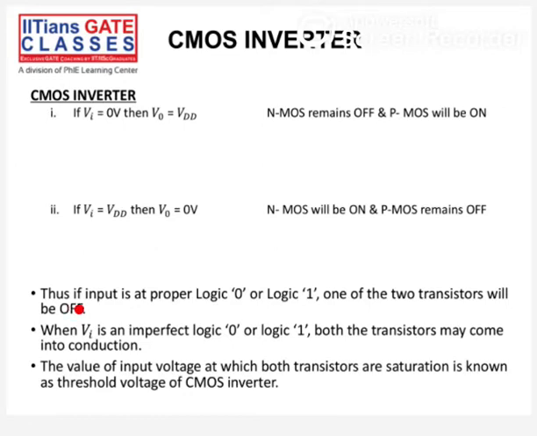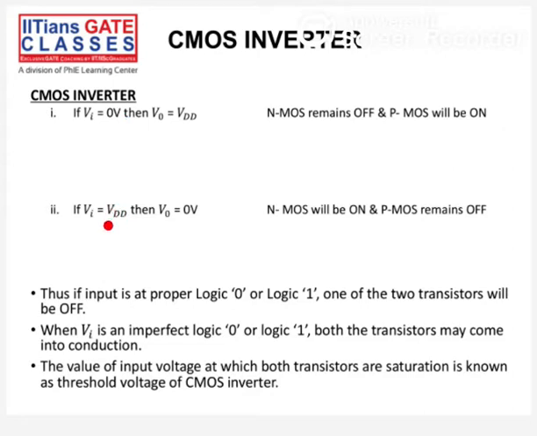So now we can see if the input is at a proper level, logic 0 or logic 1, one of the two transistors will be off. We can see here either in the 0 case or in the VDD case.